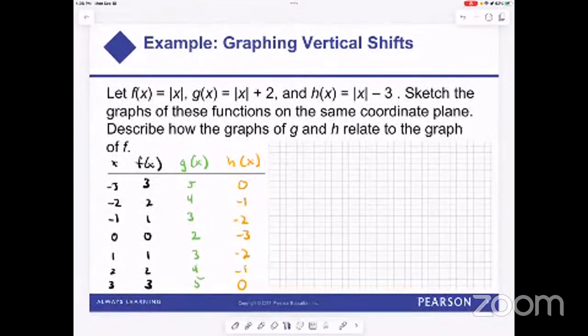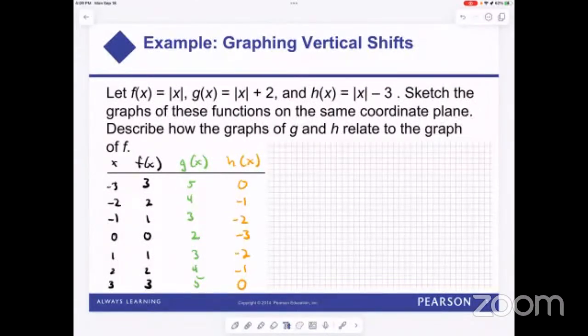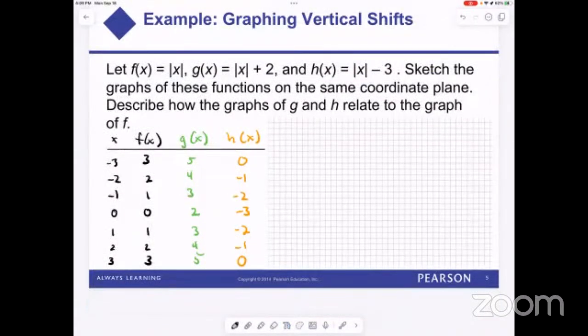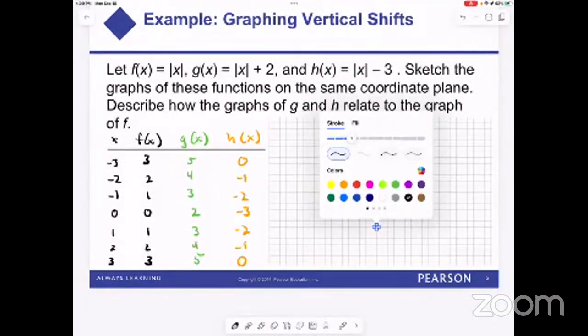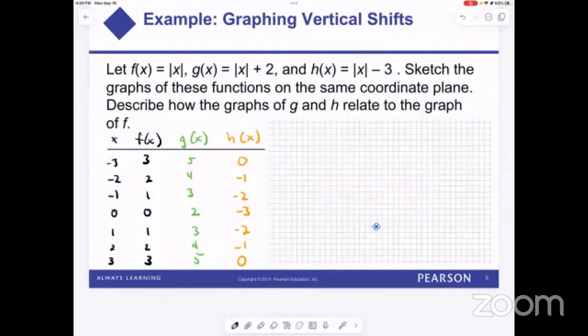Okay. So let's see. I think my origin, let's fill that with this color. It's still a little big.